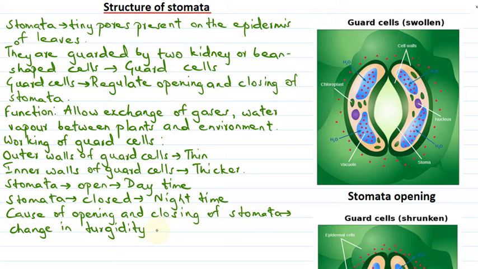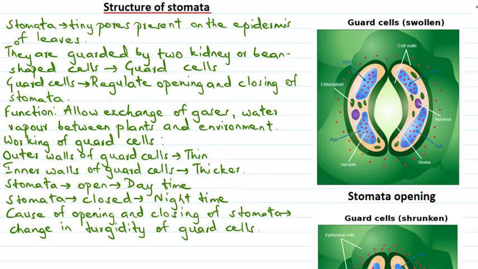Change in turgidity of guard cells. Okay, so when the turgidity changes in guard cells, this becomes responsible for the process of opening and closing of stomata. Okay, so here we can see, let's see how these guard cells work and help in opening and closing of stomata.